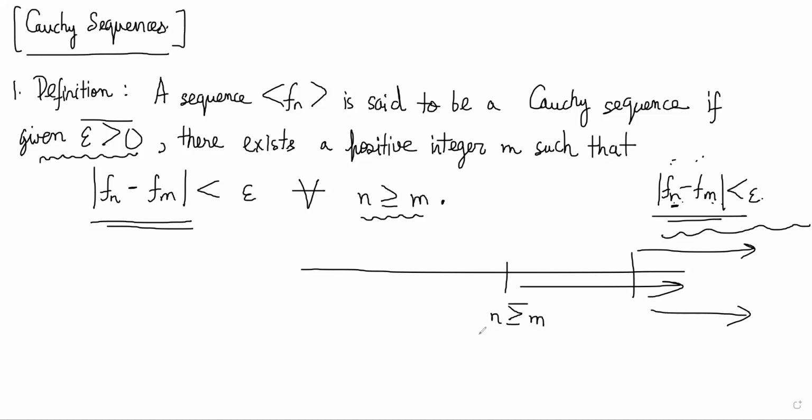Beyond n greater than or equal to m, any term that you pick, term number 100 and term number 500, if m is 99, no matter what two terms you pick on this side, you will always have what?